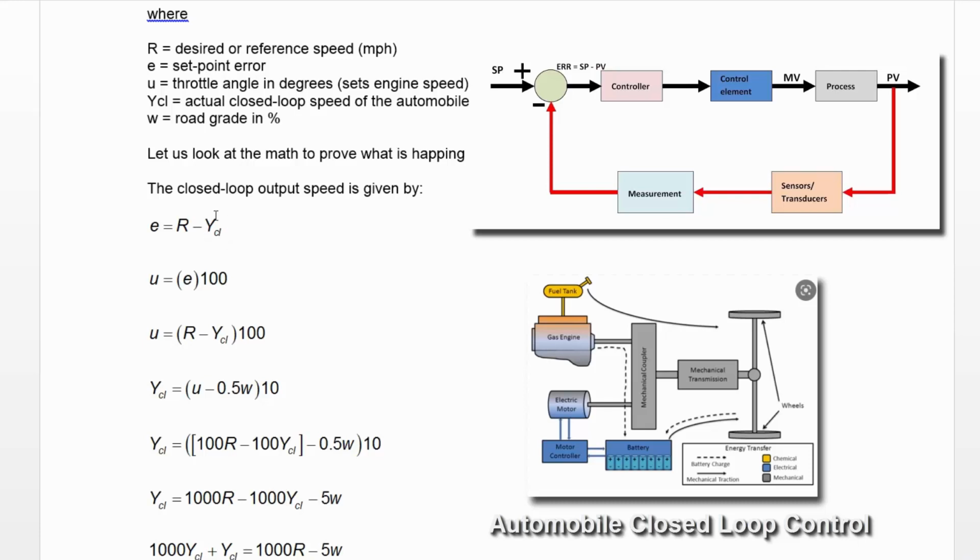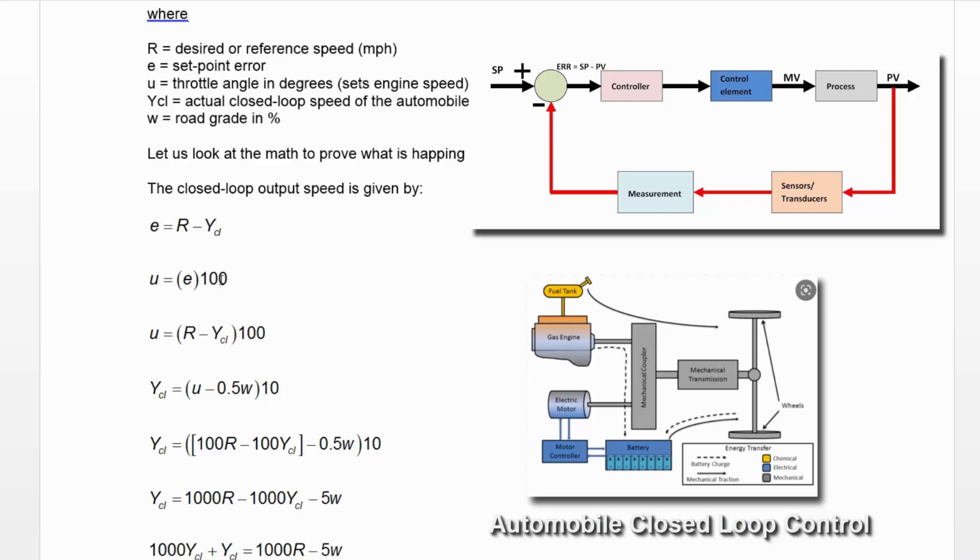The process variable would represent the closed loop's output speed. So that's just R minus Y equals an error. Then we went into our controller. The error goes into the controller and is multiplied by the gain of the controller.